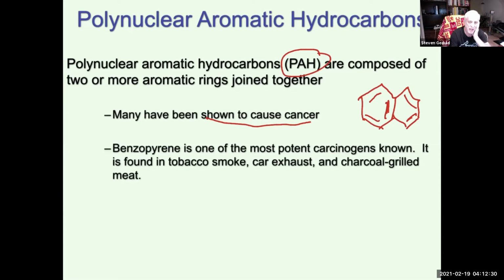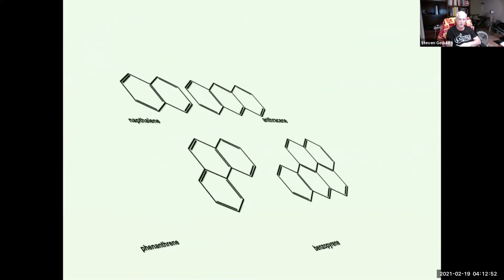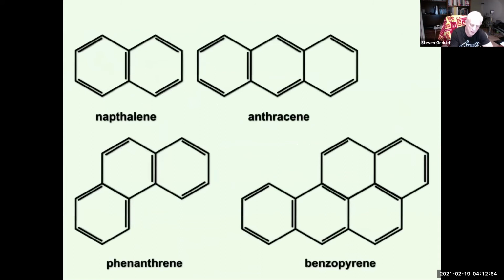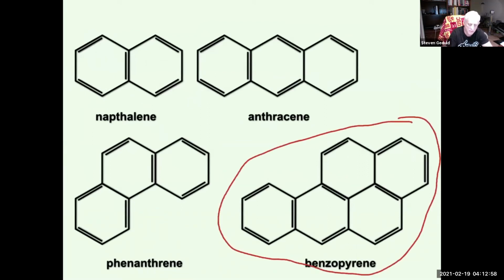It's found in tobacco smoke, car exhaust, and charcoal-grilled meat. That's where you find benzopyrenes. And this is what benzopyrene looks like: multiple units of benzene joined together.